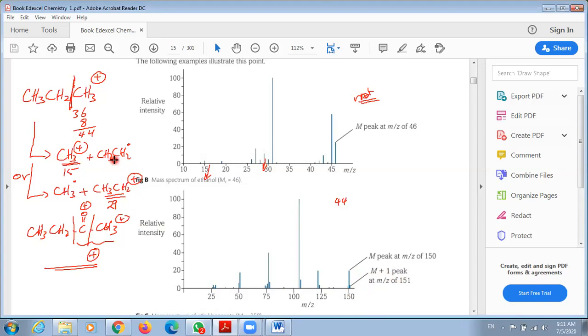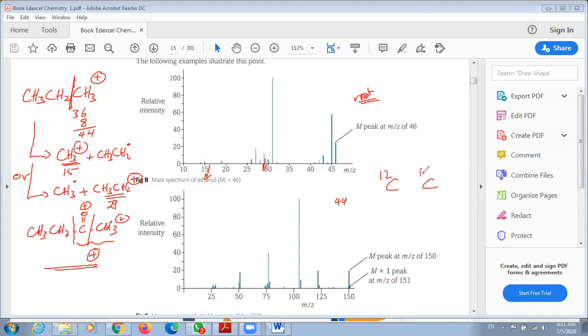The difference between them is 1, isn't it? And the ratio between them is 99% to 1%. So the difference is only 1, and the percentage of carbon 13 is very, very small. That's why you get a very small peak here, which is the m+1 peak.